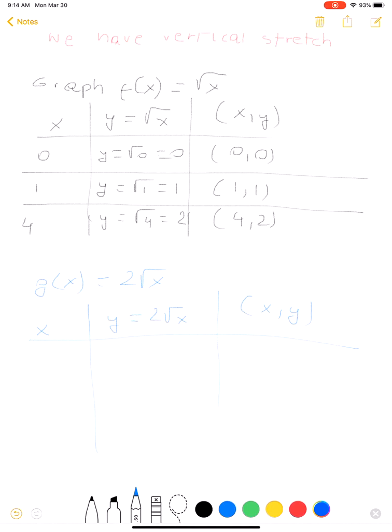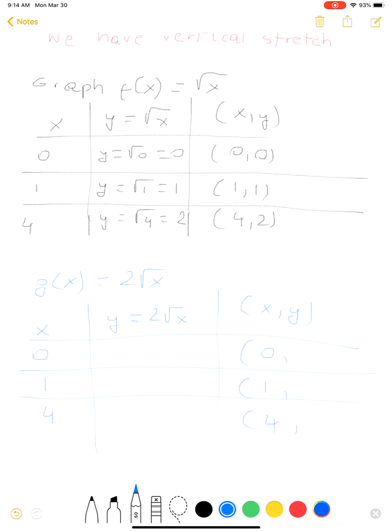For vertical stretch, there's no change regarding the x coordinates, so I'm keeping them the same. We pick 0, we pick 1, and we pick 4.